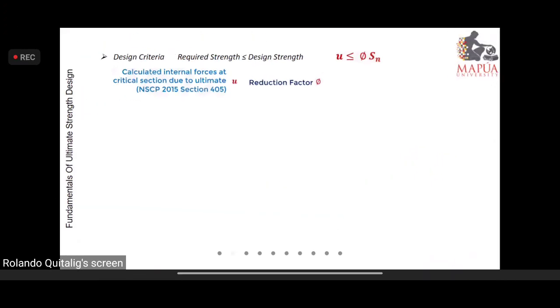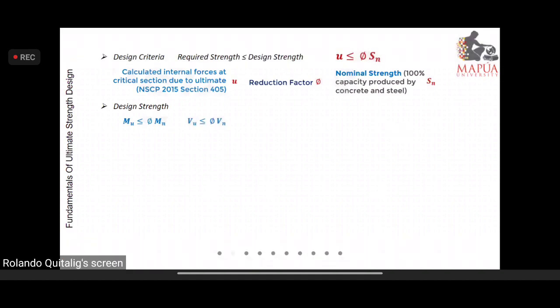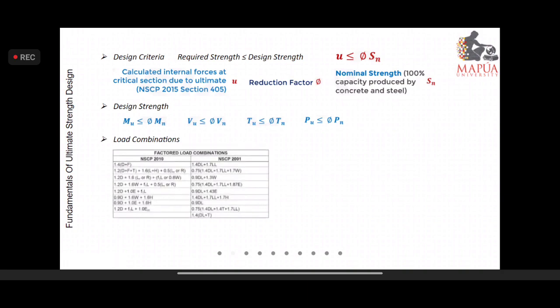to the phi Mn. It can be translated as well to the shear, to the torsion, to the force. And for the load combination, there are factored load combinations to be considered, but allow me to refresh your minds about the NSCP 2001 and 2010.